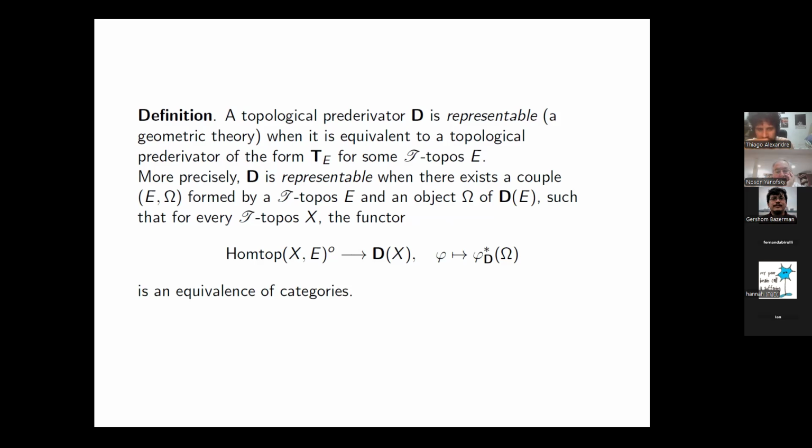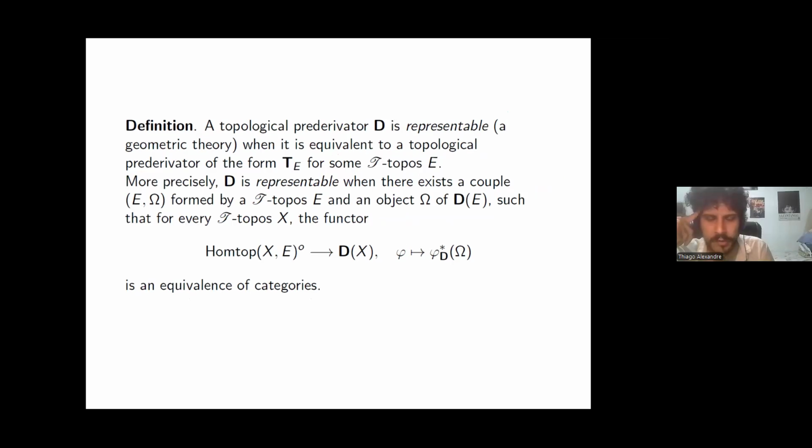If you have a geometric theory T, these representable topological prederivators are precisely the ones which send each topos X to the category T-mod of X, the category of models of T in the topos X.